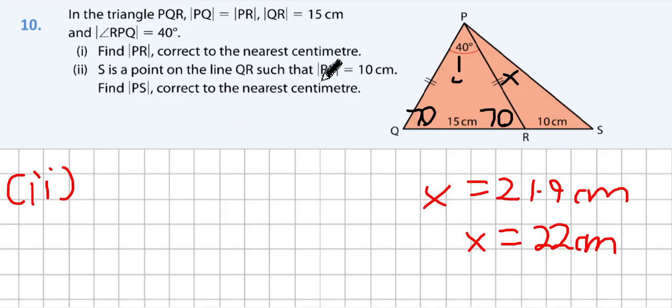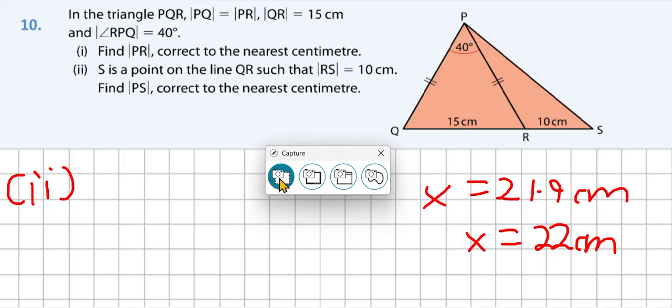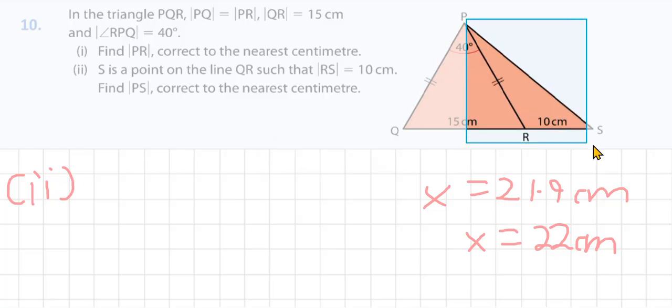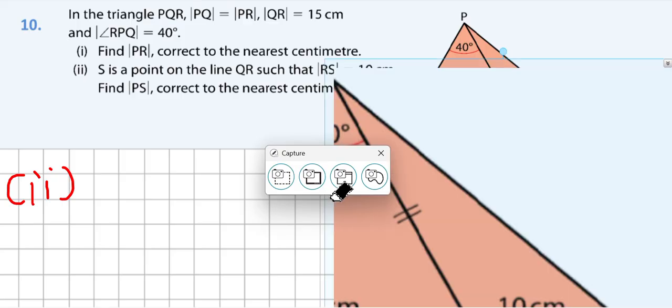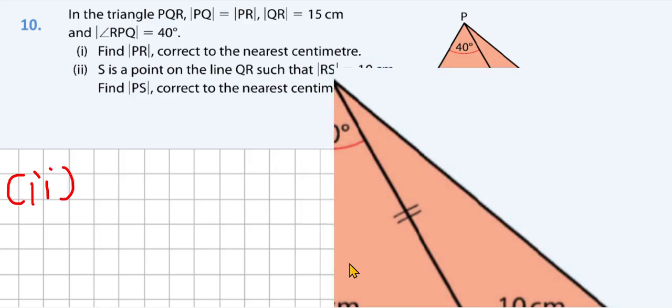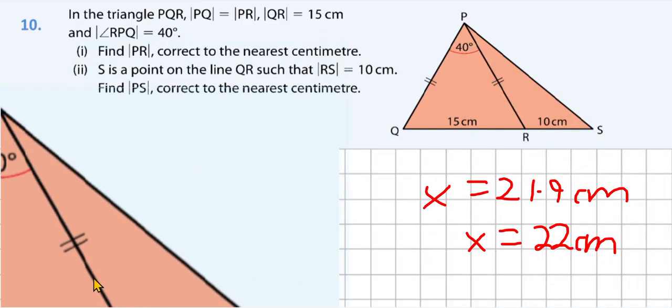S is a point on the line QR such that RS is 10. Find PS. Okay. It wants me to find PS. Okie dokie. Would you all agree I have to use the triangle on the right, don't I? So, are we all in agreement that I have to use this triangle?